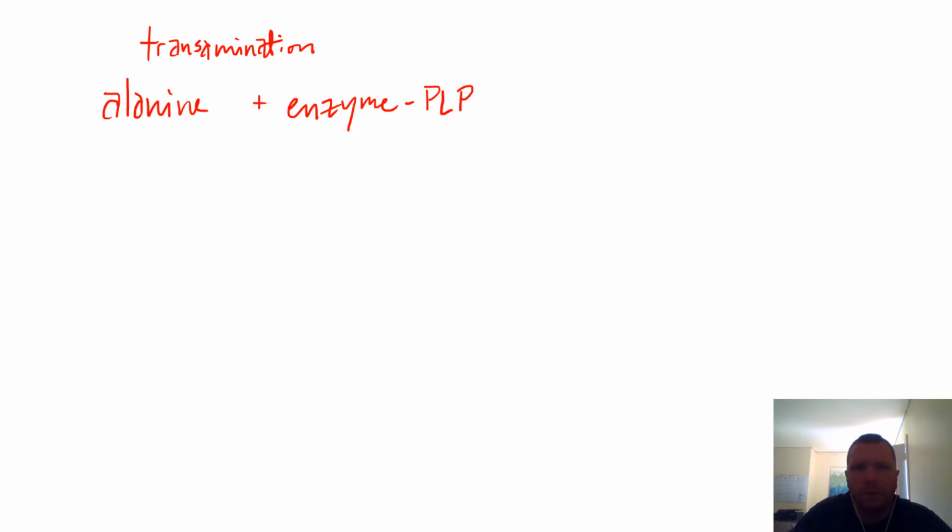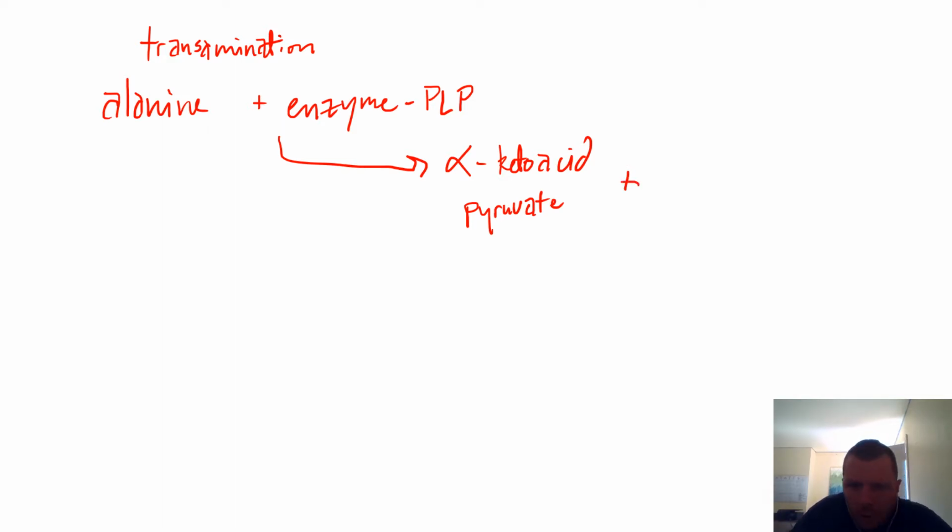We generated an alpha keto acid. The specific alpha keto acid that you would generate with alanine would be pyruvate. So, alpha keto acid, I'm going to put pyruvate in parentheses.